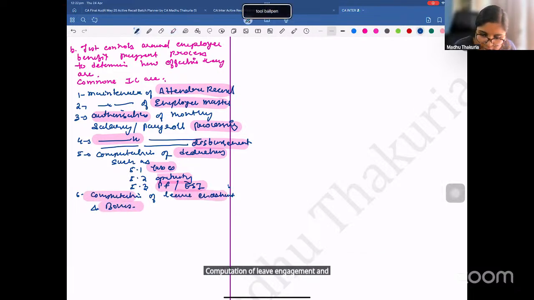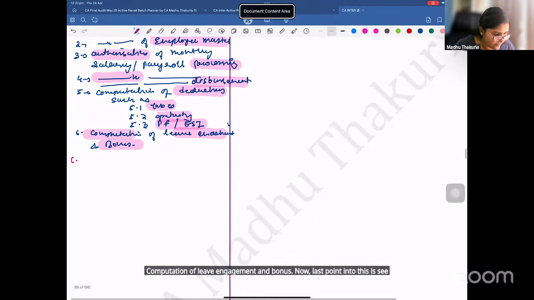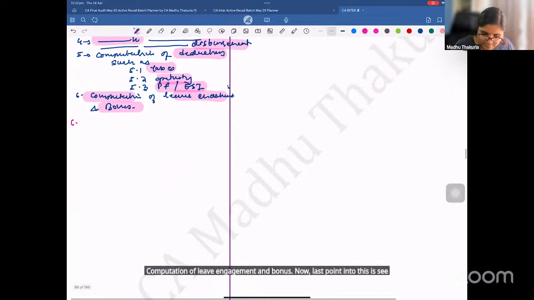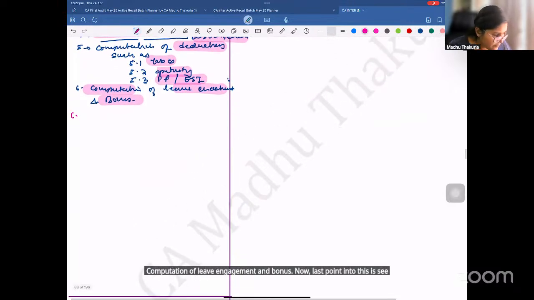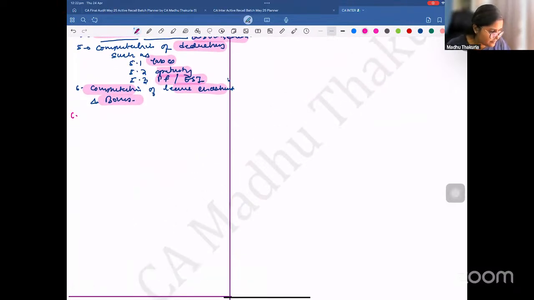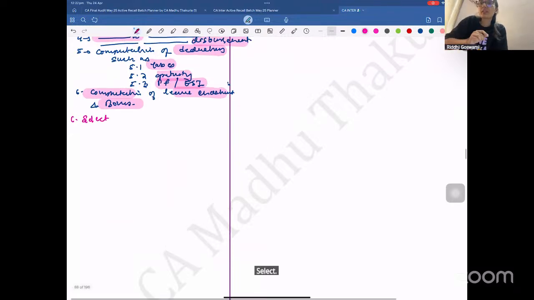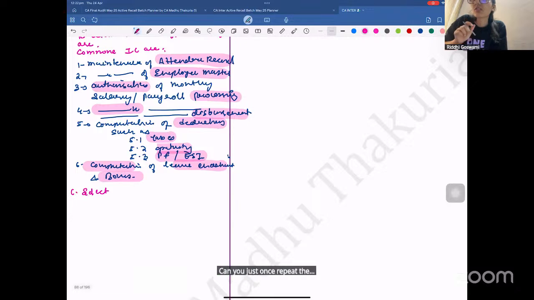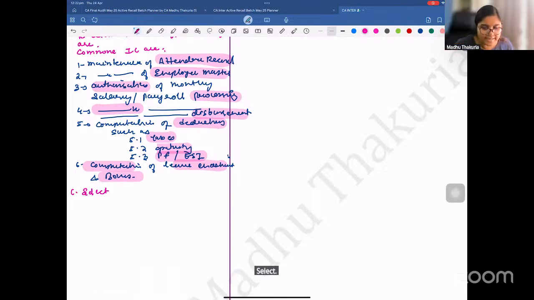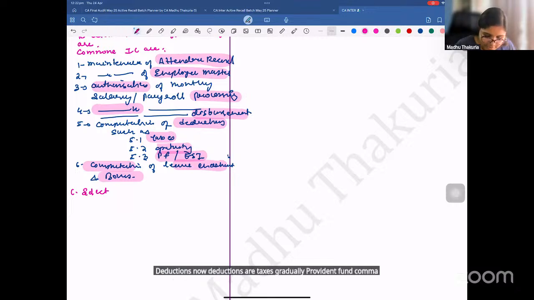Now the last point. Can you just once repeat the deductions? Deductions are taxes, gratuity, provident fund, employee state insurance.